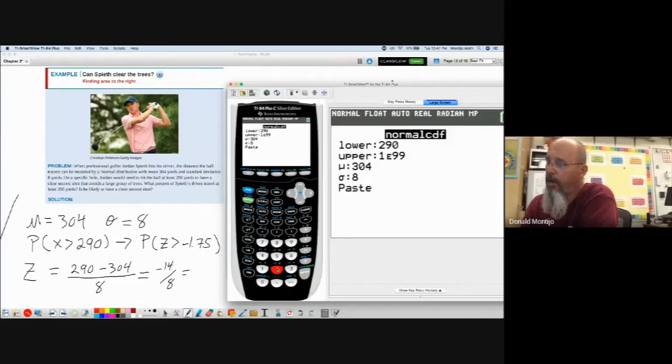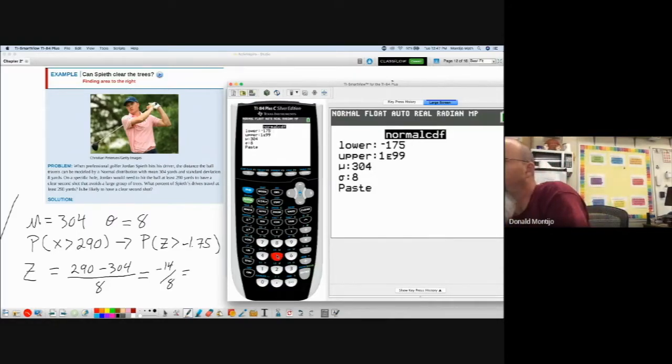Now, I want the lower bound to be negative 1.75. But I didn't get my decimal point in there. So negative, again, don't use the minus sign, use the negative sign, 1.75, all the way to positive infinity.